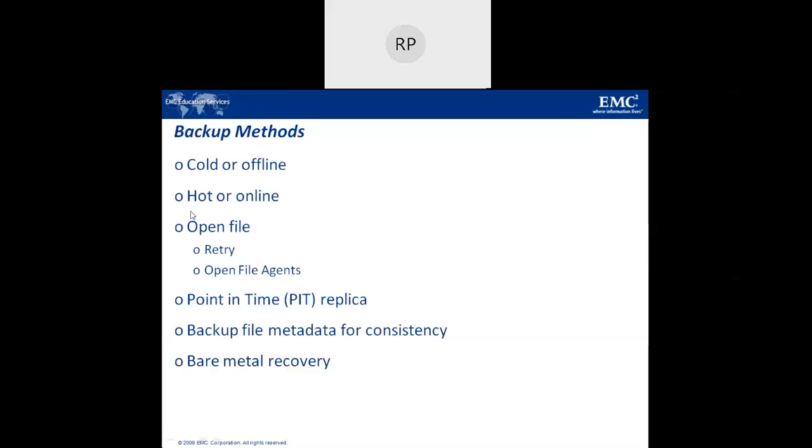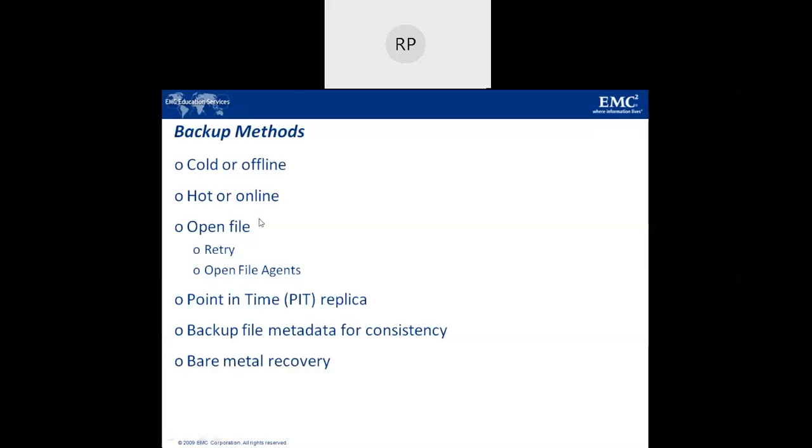This type of backup is called hot backup, and while taking a backup, the system is up and running, means it is online, hence it is also called online backup. These are the two methods, cold backup and hot backup. The cold backup is also called offline backup because the system is offline during this backup process, and hot backup is also called online because while the system is online, you are taking the backup of the system.